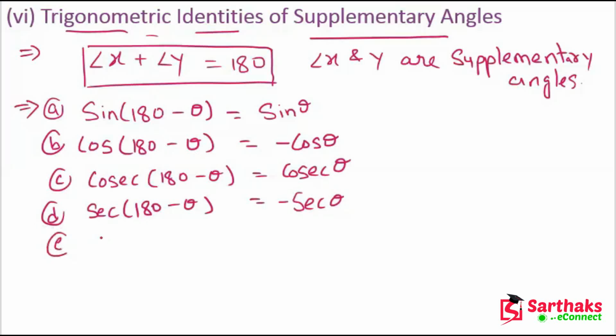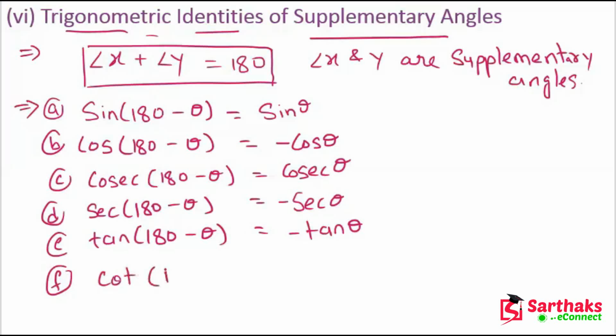Now tan 180 minus theta is equal to minus tan theta, and cot 180 minus theta is equal to minus cot theta. So they are the trigonometric identities of supplementary angle. The concept behind these you will learn in the next classes; here just learn the identities.